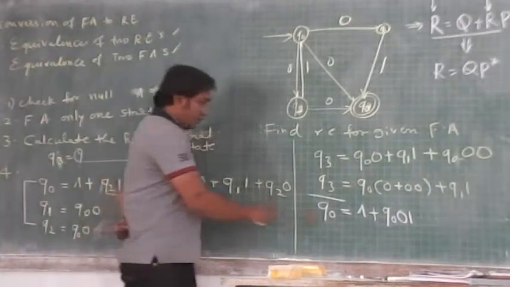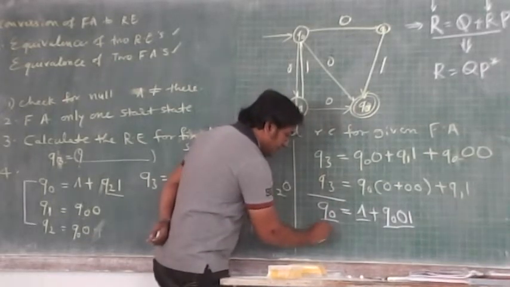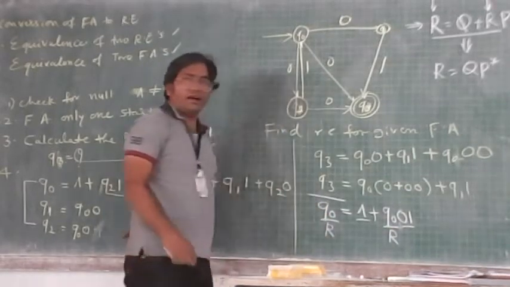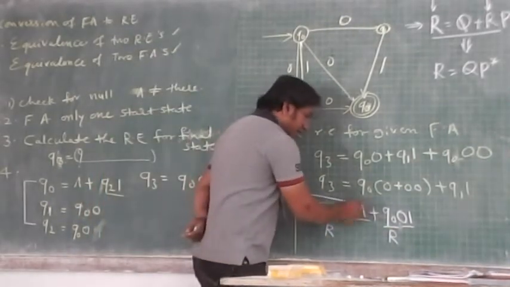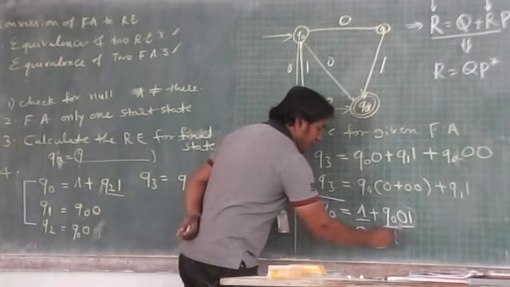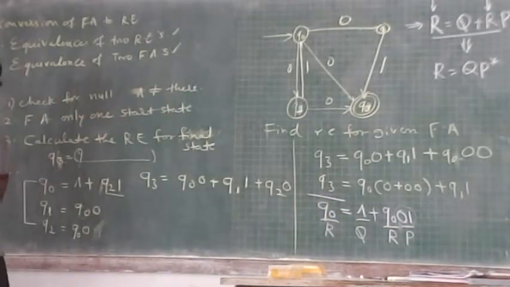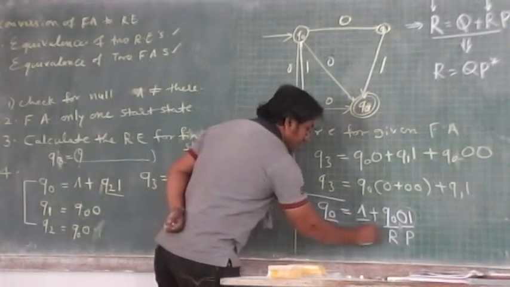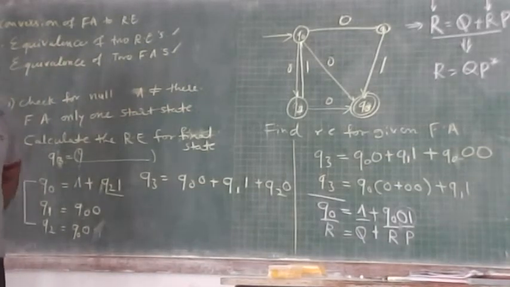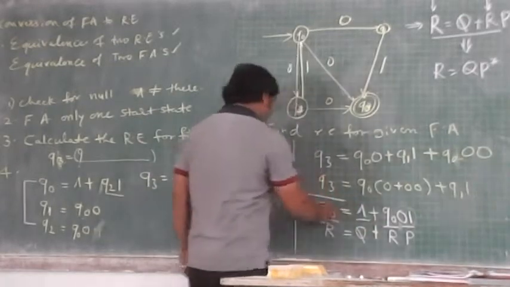So this particular expression is really in the form of Arden's theorem. If I say this is R, exactly this Q0 should be at the right hand side, R to R I am having. So this is a regular expression that I can indicate by Q and this is a regular expression P. Get it? So I am getting this expression in Arden's form and am able to apply the theorem.